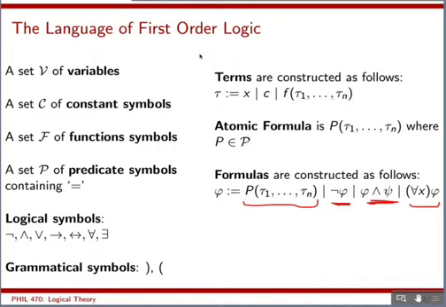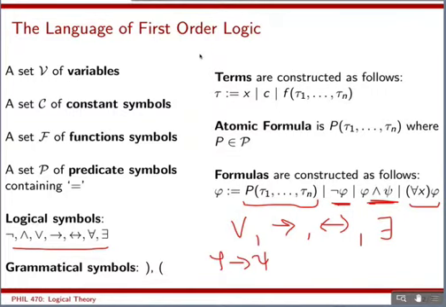The other logical symbols, like disjunction, implication, if and only if, and the existential quantifier, are not formally part of the language, but we assume they are defined as usual. So for example, phi implies psi is just equal by definition to not phi or psi.